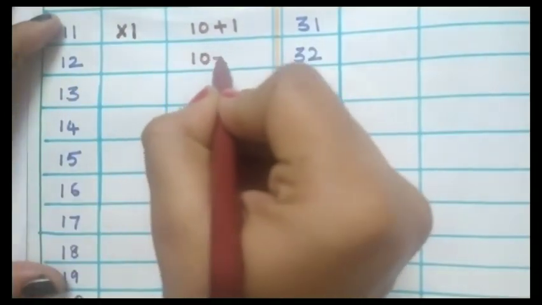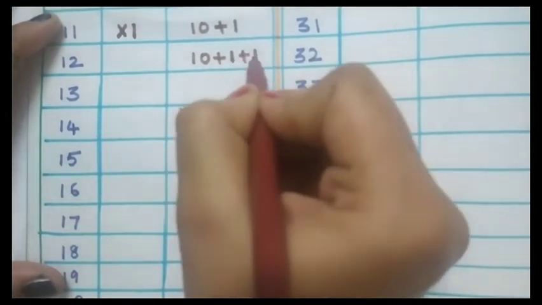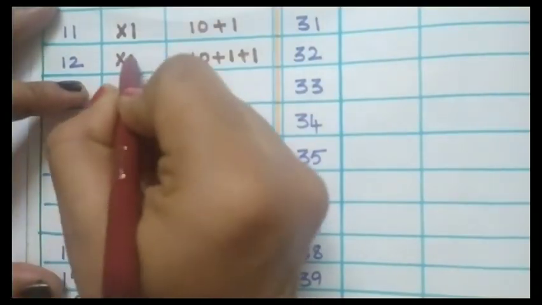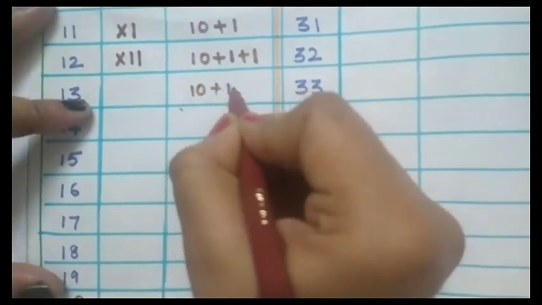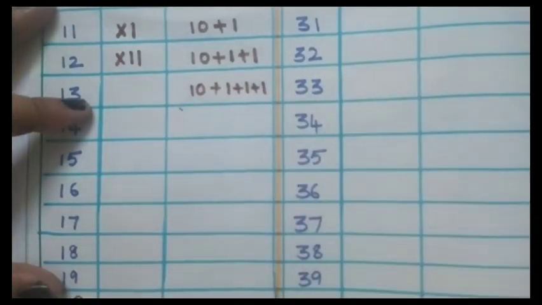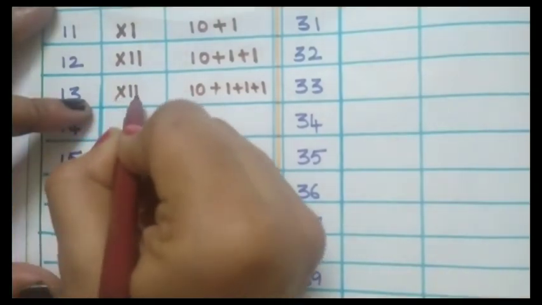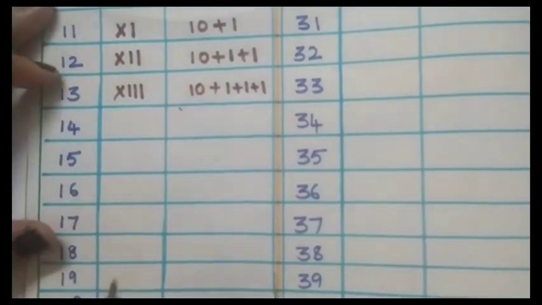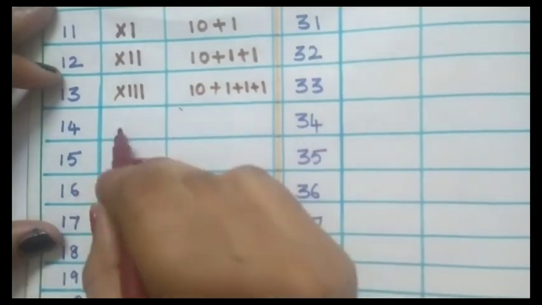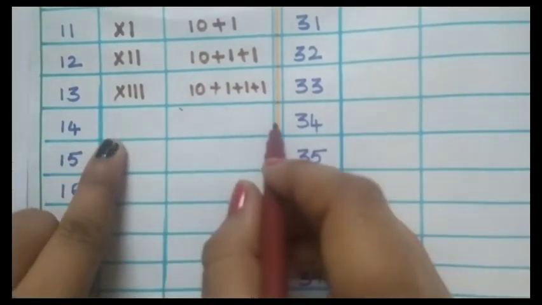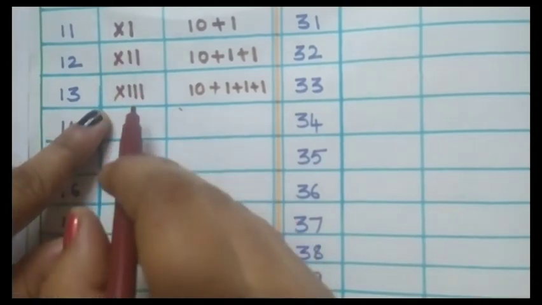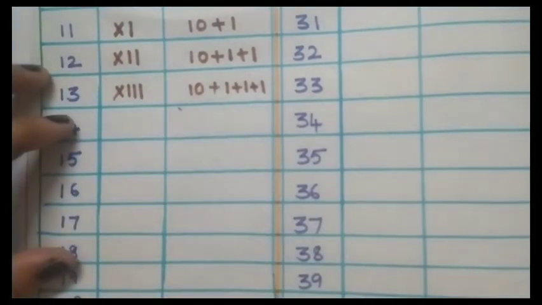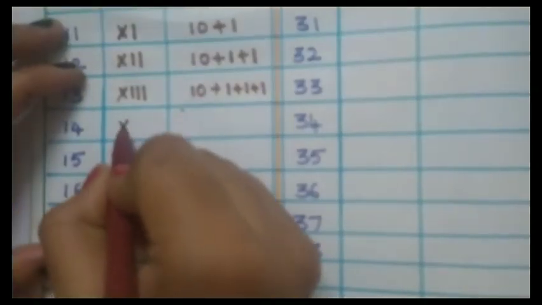Again, 10 plus 2, 1 plus 1: XII. 10 plus 1 plus 1 plus 1 is XIII. Now for 14, we should not write four I's, because I is repeated only 3 times.